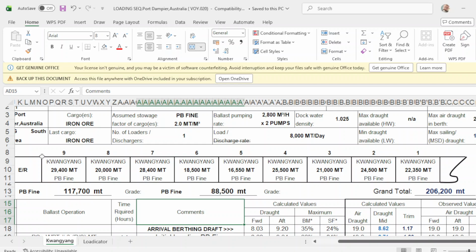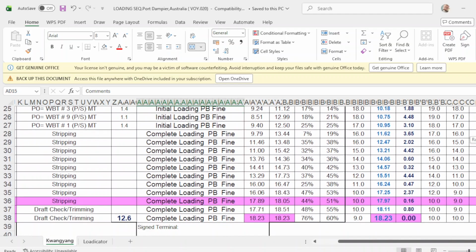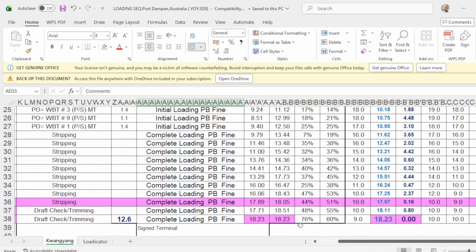So in number 9, you have 24,400 and number 1 is 22,000. So this is the actual hold wise amount of cargo per each hold, and your bending moment is 76% and shearing force is 60%, and you are in even keel.